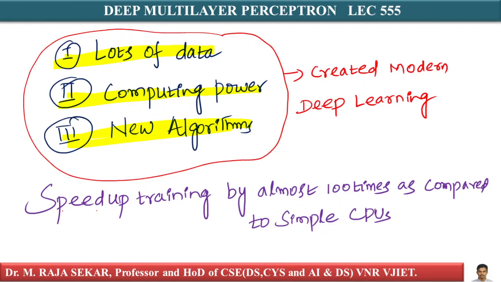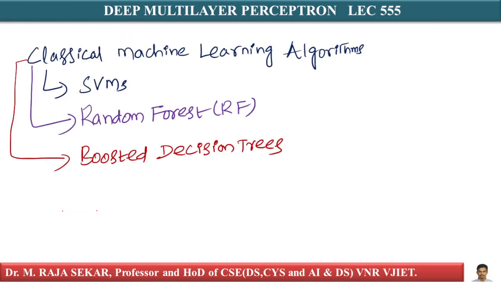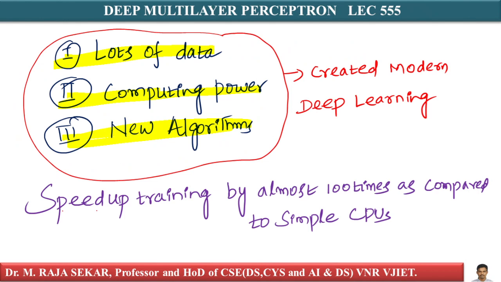If you just have new ideas and algorithms but don't have enough computational power or lots of data to train, it is useless. So these three things literally created the modern deep learning phenomenon. Not just one. You have new ideas, new algorithms. We have new types of computers that can speed up training by almost 100 times as compared to simple CPUs.